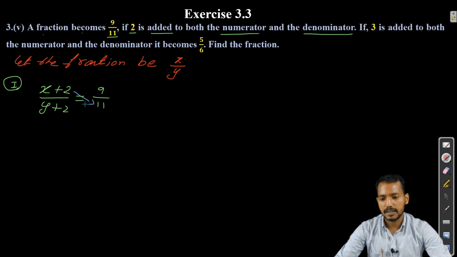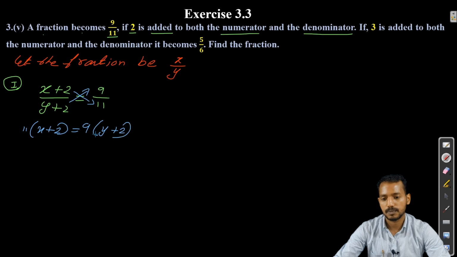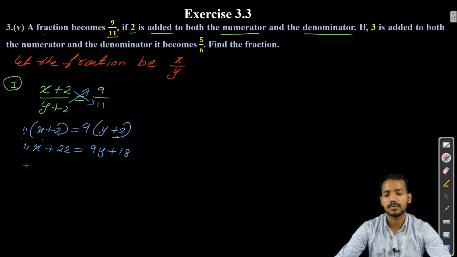Cross multiply it, we will get 11 into x plus 2 is equal to 9 into y plus 2. 11 into x is 11x plus 2 into 11 is 22. Clear? Which is equal to 9y plus 9 into 2 is 18.